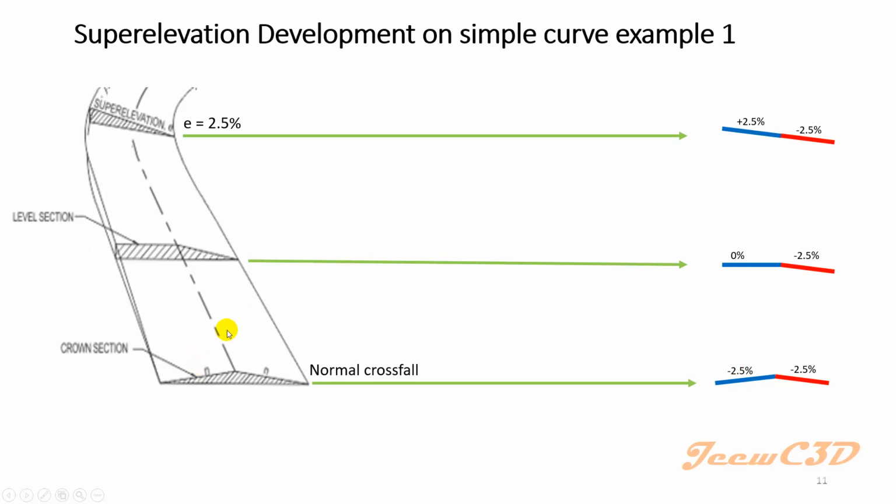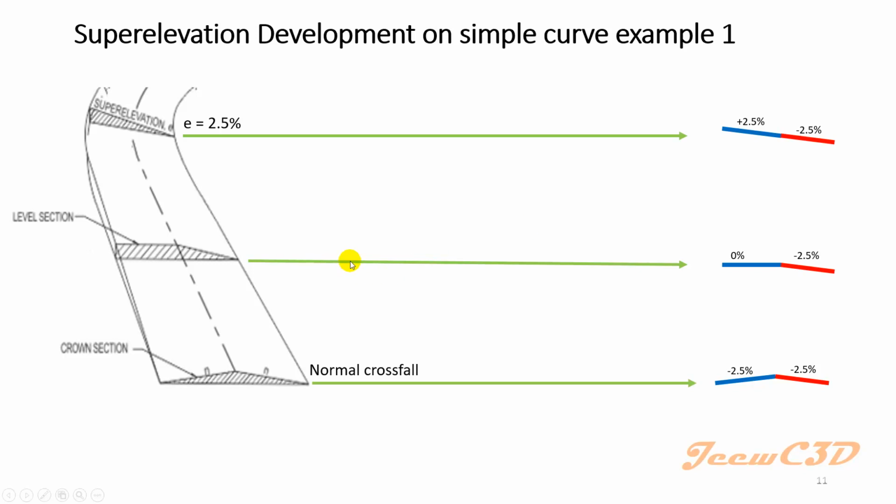In this development sometimes you will find a flat crown or level section on the left side, and it gradually increases up to +2.5. That is how the super elevation is developed along this simple curve.